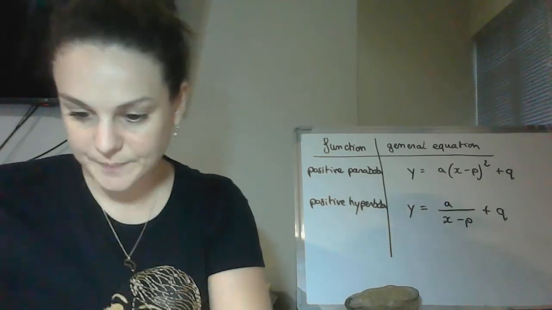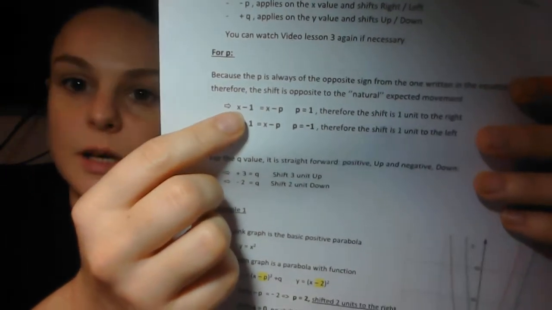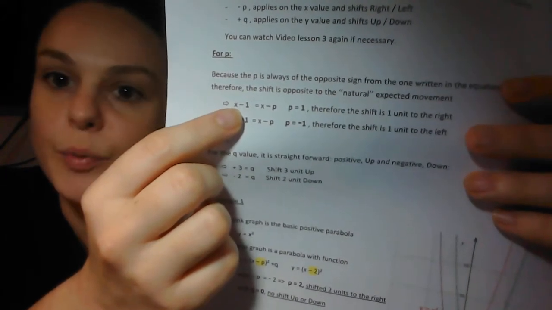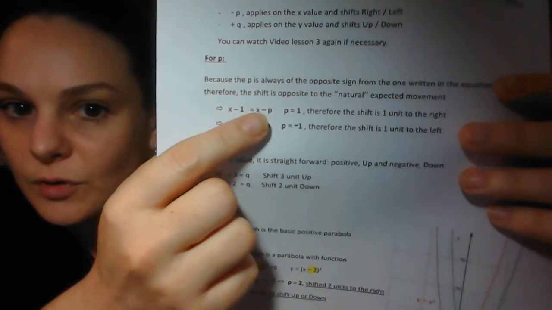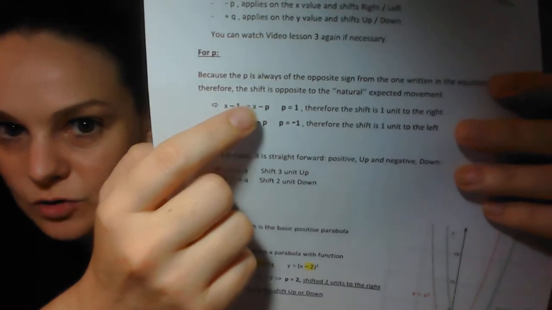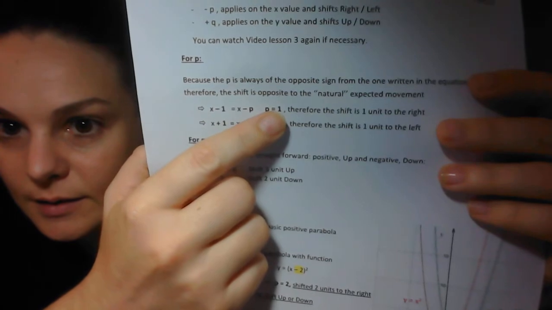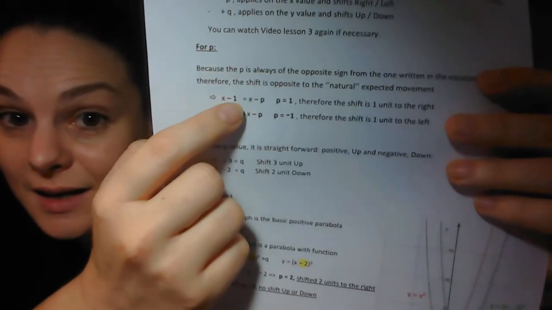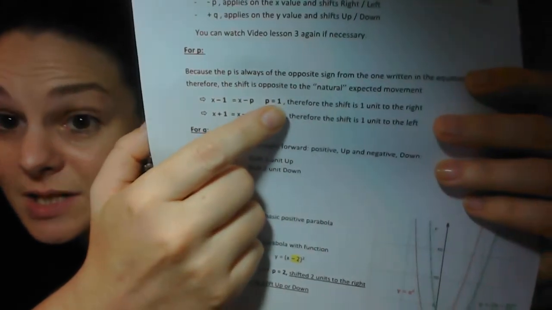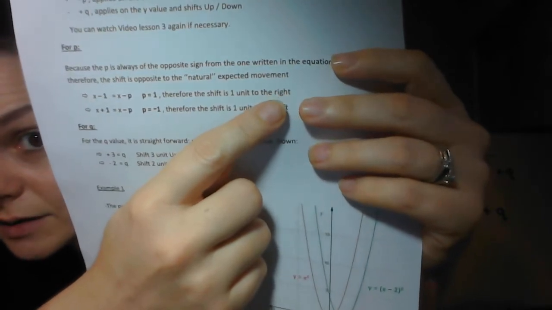For instance, like written here, if you have an x minus 1 in your equation, you can imagine that minus 1 is going to shift to the left, but because it corresponds to x minus p, it means that the minus 1 is the minus p, and then the p is equal to 1. So, even if you see a negative 1 here, it's actually a positive 1, and that x minus 1 shifts your graph 1 unit to the right.